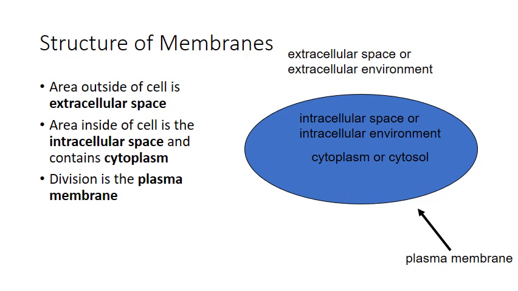So we have the cytoplasm that's kept in the intracellular space by the plasma membrane, which surrounds the cell and makes it separate from the extracellular space. So if we talked about something going from in to out of the cell, we would say it went from the extracellular space into the intracellular space.